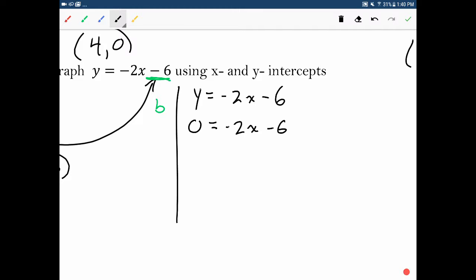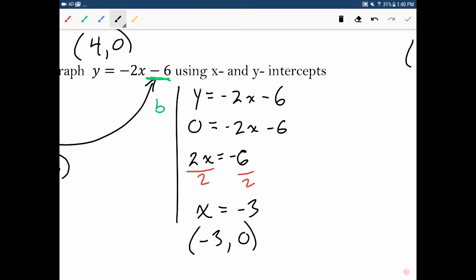Okay, so I'm going to move the 2x to the other side. It's going to become positive. Okay, and then I need to divide by 2 to get the x by itself. So I get negative 3. So my x-intercept is (-3, 0).